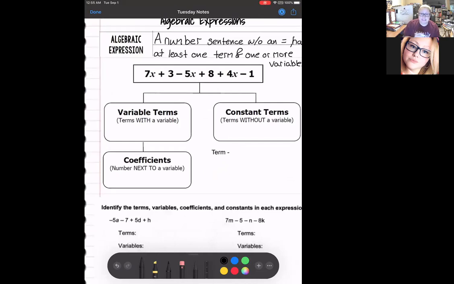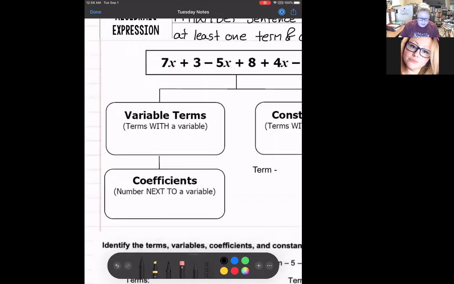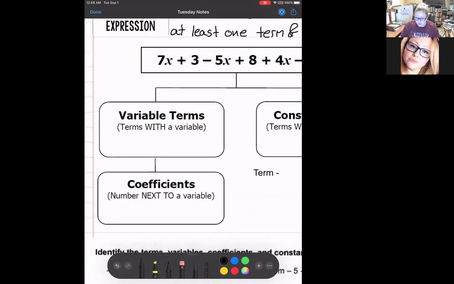Now, we are going to identify the different parts of an algebraic expression: terms, variables, coefficients, and constants, because you need to know the difference of those four. So this is an algebraic expression. The variable terms are the terms with a variable, and the variable is a letter.